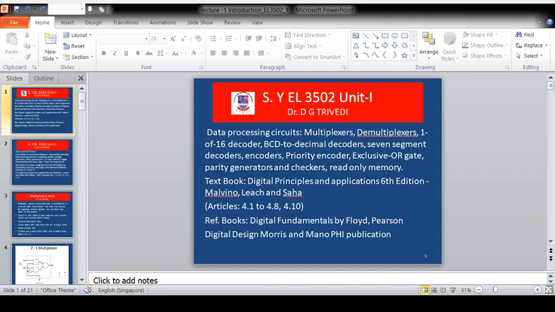Digital electronics is divided into two parts: combinational logic circuits and sequential logic circuits. Here you are going to learn only combinational logic circuits. What is the difference between them?